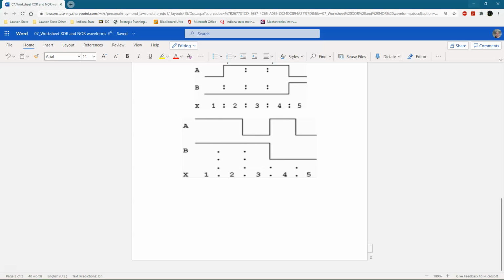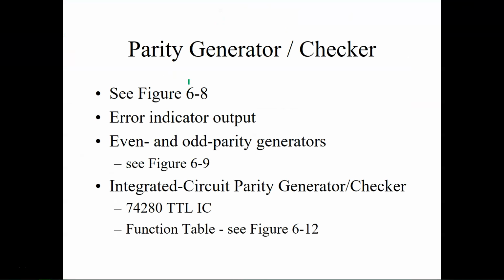All right. So that was that worksheet, and I just kind of wanted to work that with y'all. So with parity generators and checkers, we're looking for errors that would indicate problems with your output.